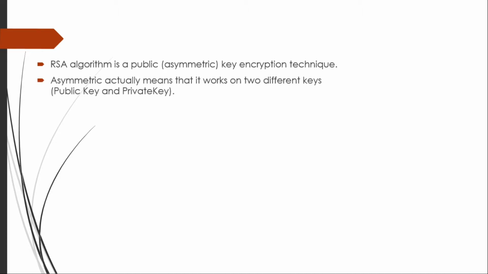Public key encryption, also known as asymmetric key encryption. Asymmetric actually means that it works on two different keys. One is public and another is private. The public key is used to encrypt the data and the private key is used to decrypt the data.